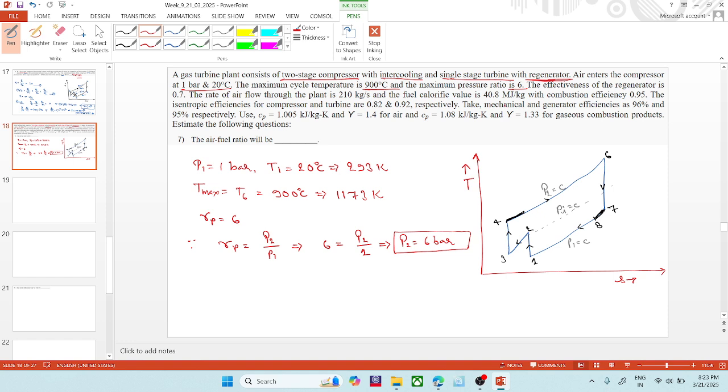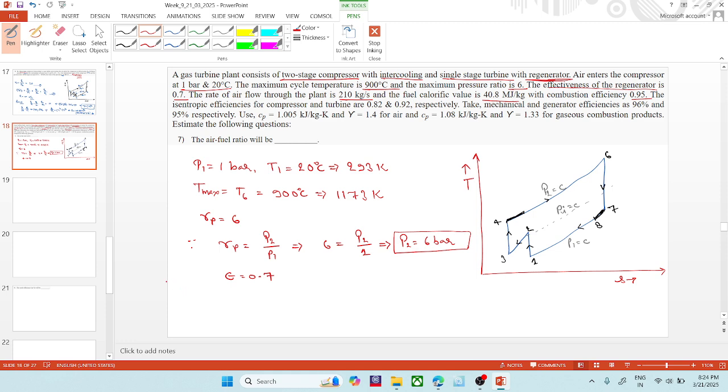Okay. The effectiveness of the regenerator is 0.7. And the airflow rate through the plant is 210 kg per second, calorific value 40.8, and the combustion efficiency 0.95.